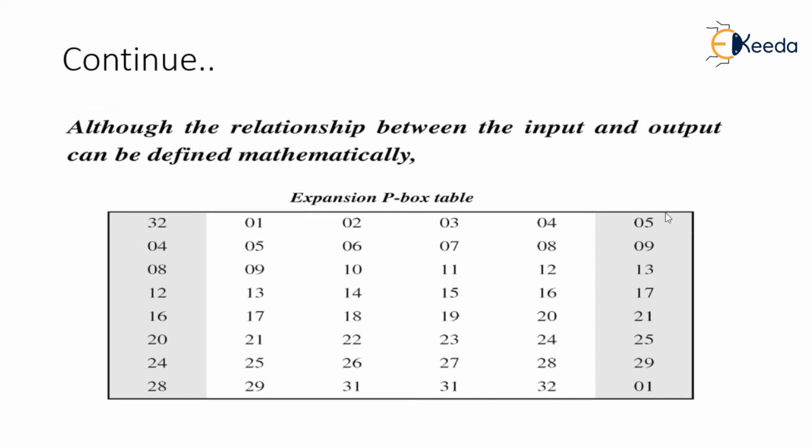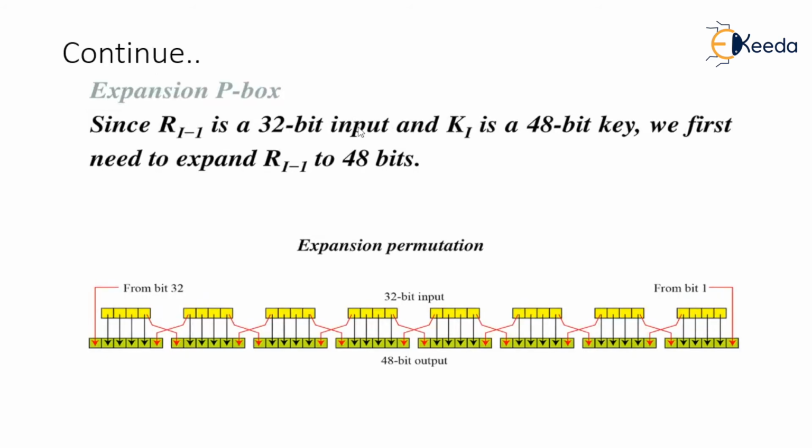In this manner the expansion permutation, or expansion P box, takes place, which gives you the output of 48 bits. That means the 32-bit right portion of the plain text block is permuted to 48 bits, which will then undergo the XORing operation with the 48-bit key.